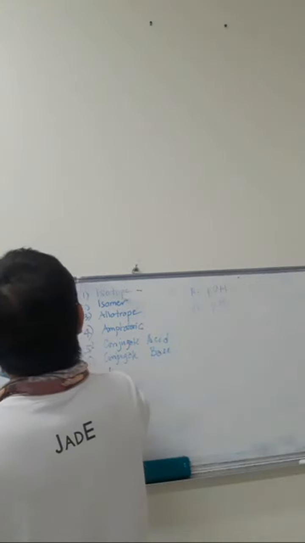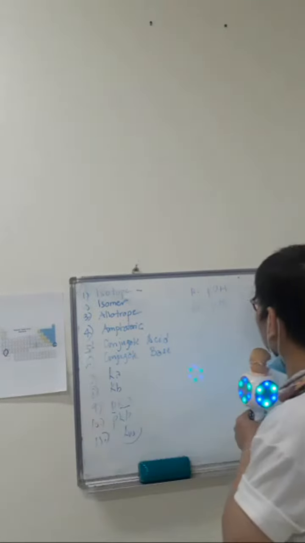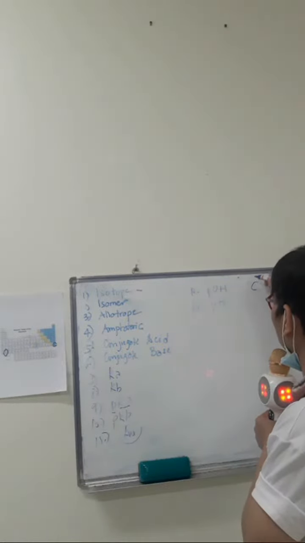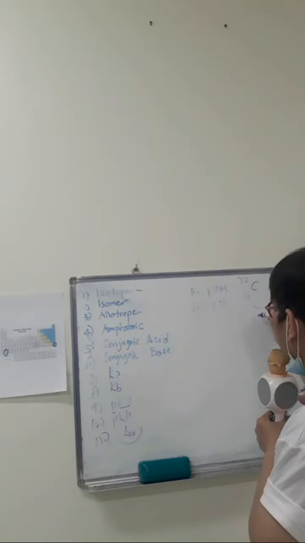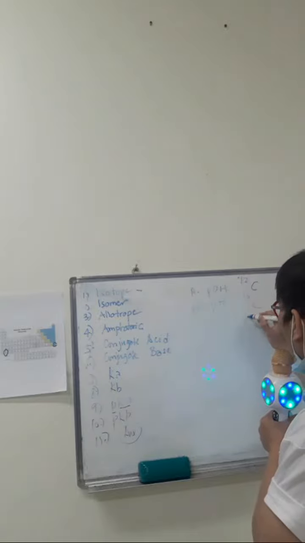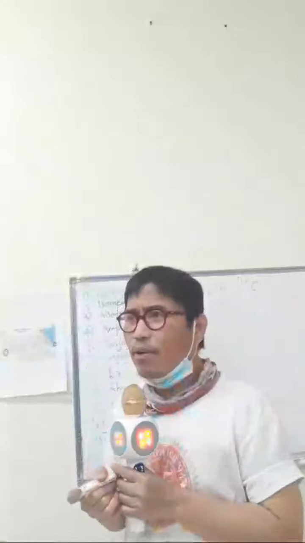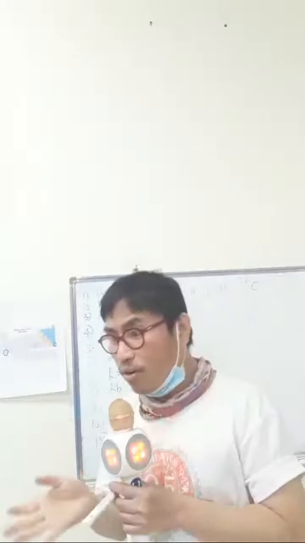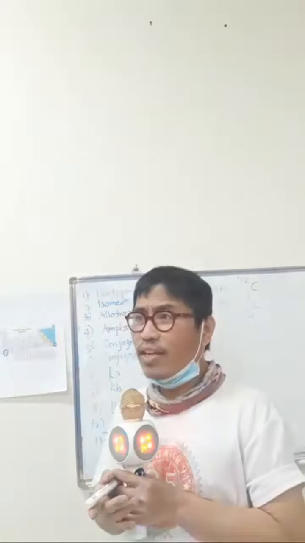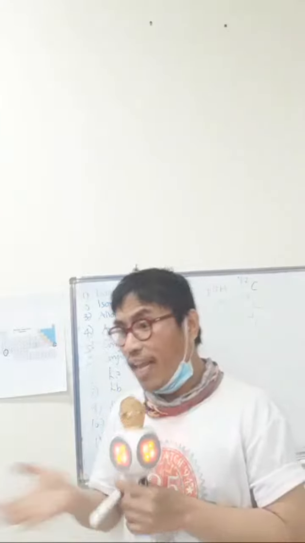Now I have carbon 12, I have also carbon 13, and I have also carbon 14. So carbon can exist in three ways. Carbon can exist as graphite, as pure carbon, the black, and carbon can also exist in a diamond state, D-I-A-M-O-N-D.